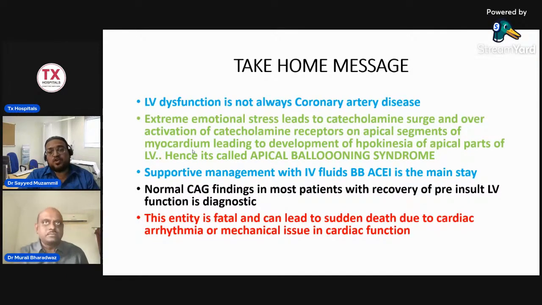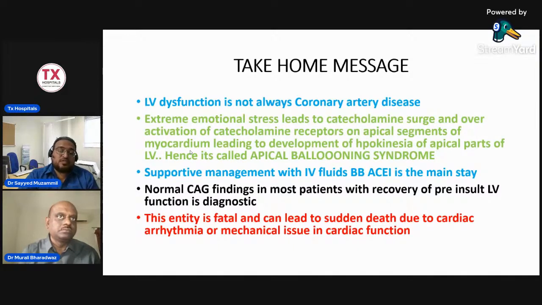This can lead to hypokinesia of the apical part of the LV, and it is also called apical ballooning syndrome. Treatment is done with IV fluids, beta blockers, ACE inhibitors. Normal coronary angiogram finding in most of the patients, and recovery to the pre-insult LV function is diagnostic of Takotsubo cardiomyopathy.